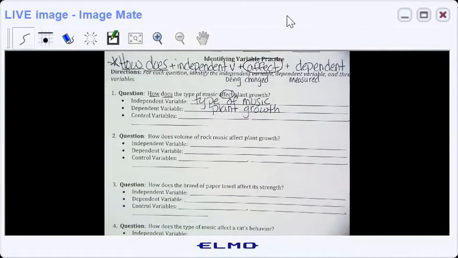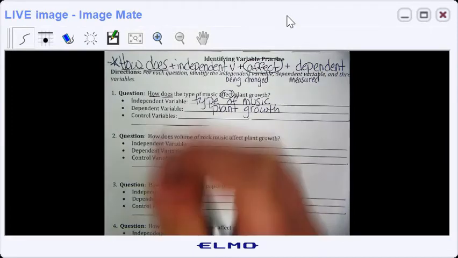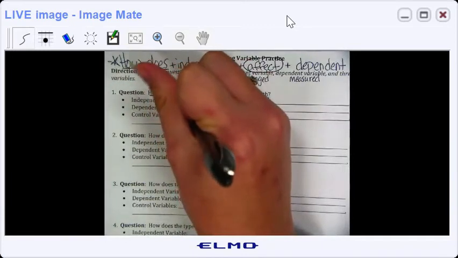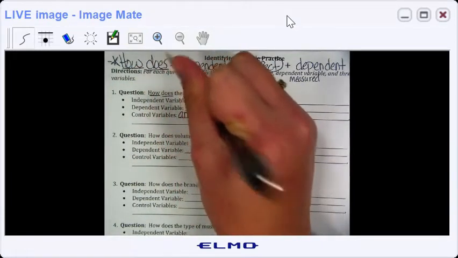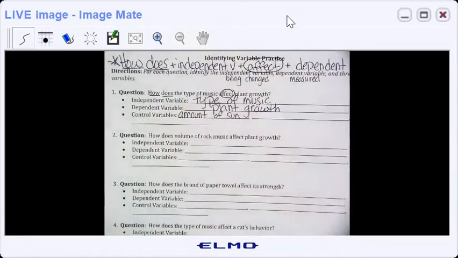So what are some other things, if we're measuring plant growth, that need to stay the same? What I think of is, what else does a plant need that could make it grow? Oh, well, it needs sun. So the amount of sun should stay the same. You probably said it needs water.